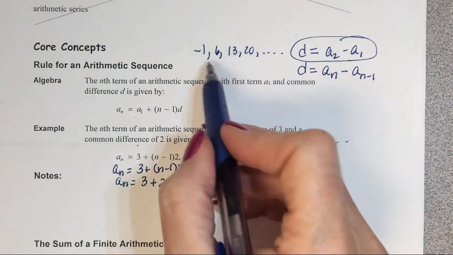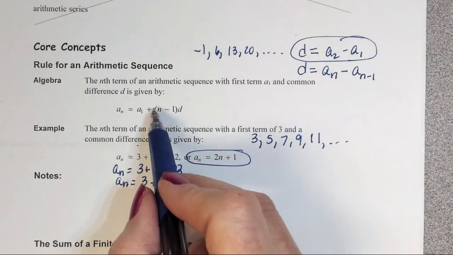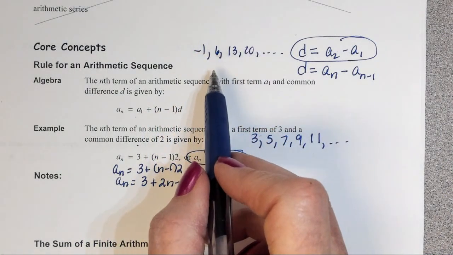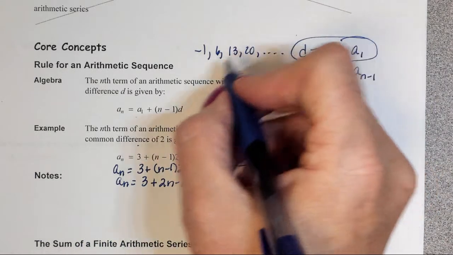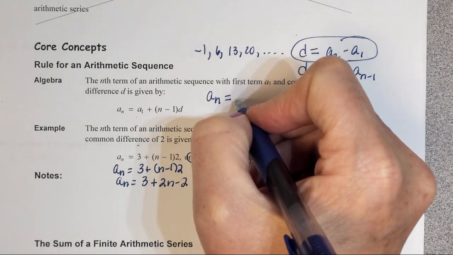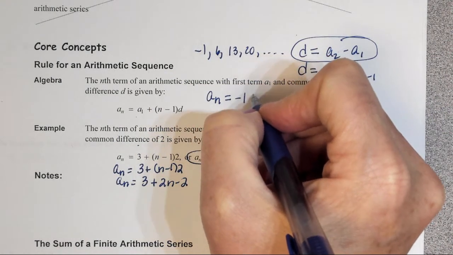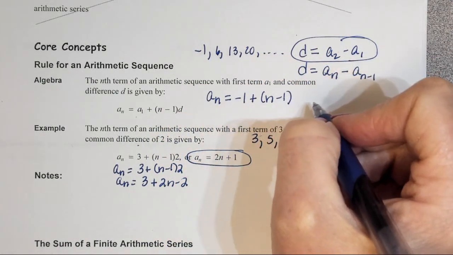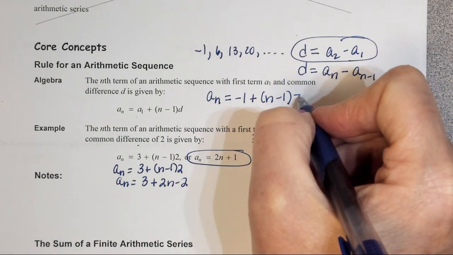All right, for our problem now, let's use the formula. When we did it in the warm-ups, we just figured it out without knowing this formula, but now we can use the formula. So a sub n is going to be, what's a sub 1? -1 plus n minus 1, and then what's D? 7.